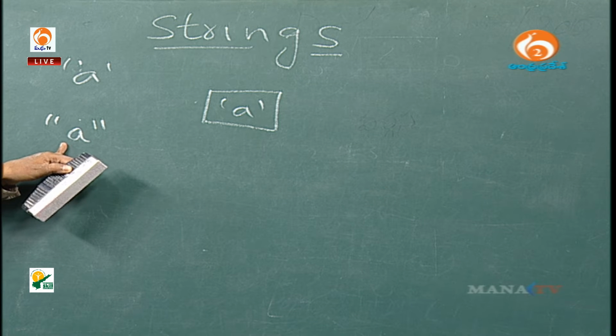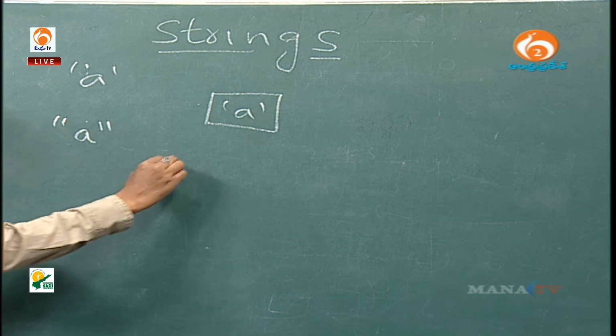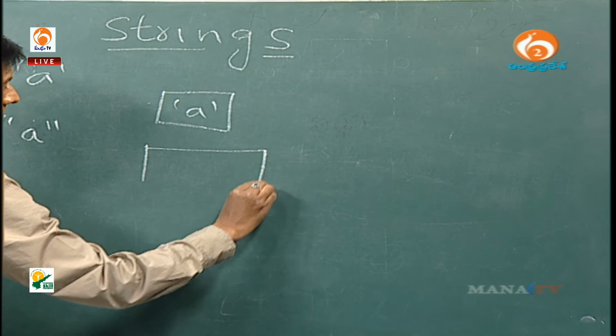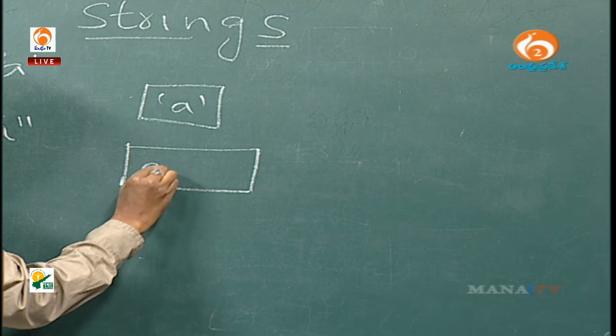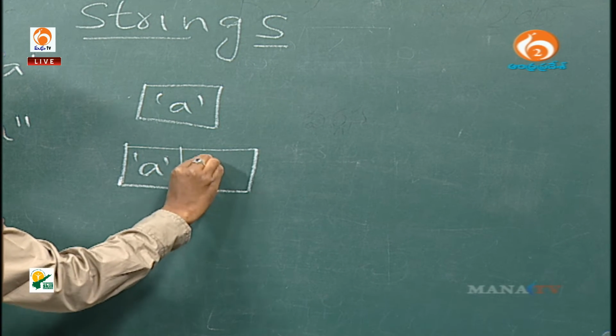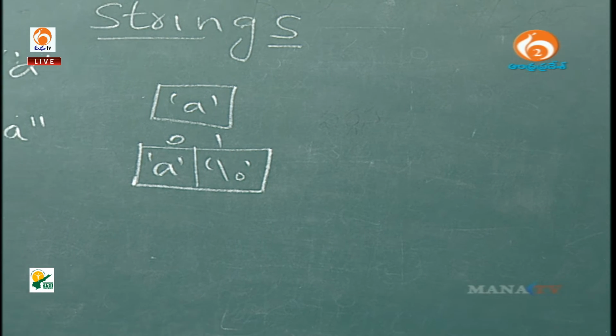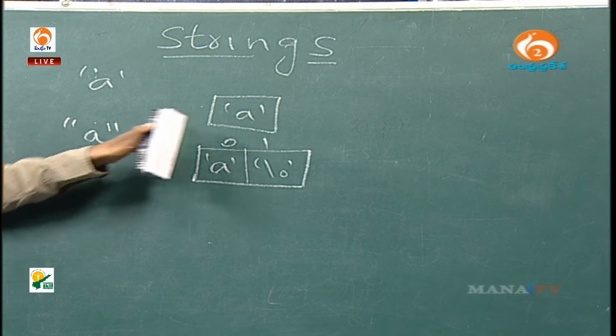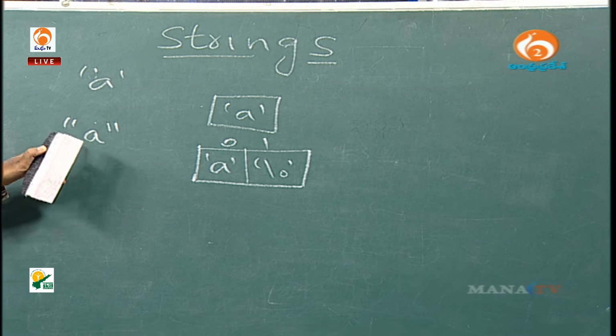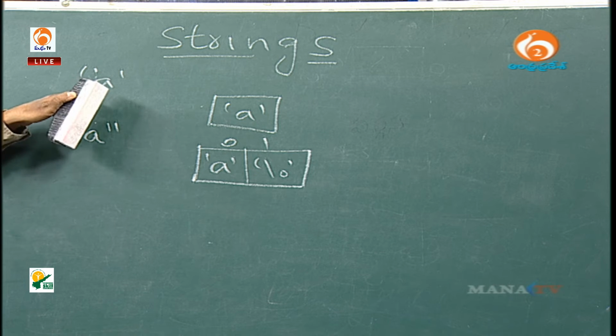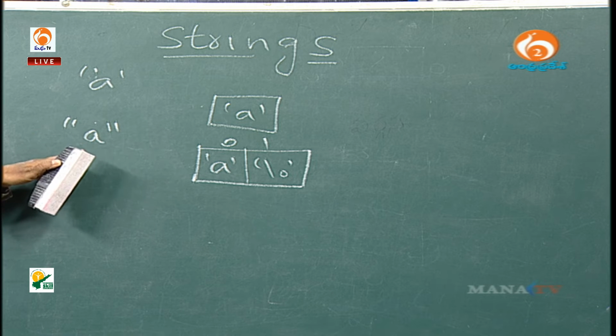How will it be stored in the memory? Like this, A, \0, 0 1. So this 'A' and this "A" are not equal, this is totally different. This is a character, this is a string.